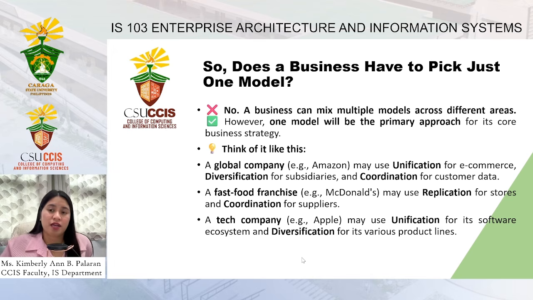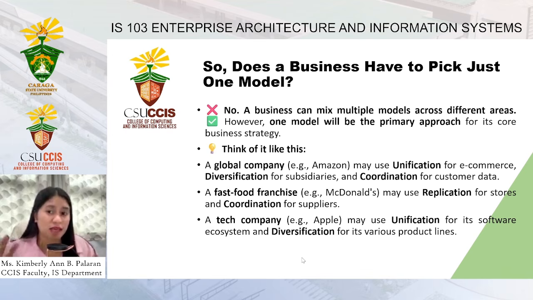The answer is no. A business can mix multiple models across different areas. However, one model will be the primary approach for its core business strategy. Think of it like this. A global company like Amazon may use unification, right? For e-commerce, and diversification for subsidiaries, and coordination for customer data.